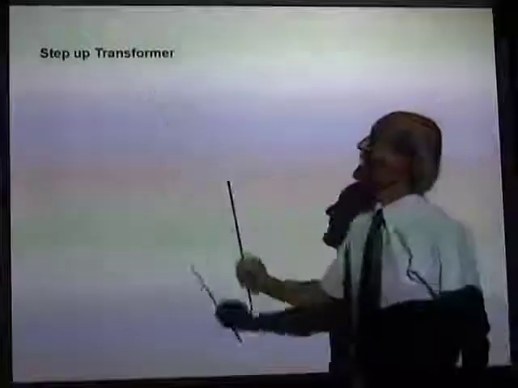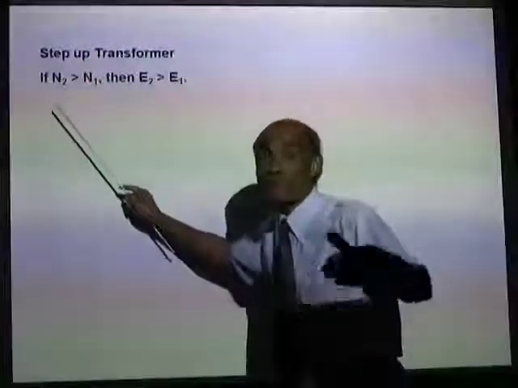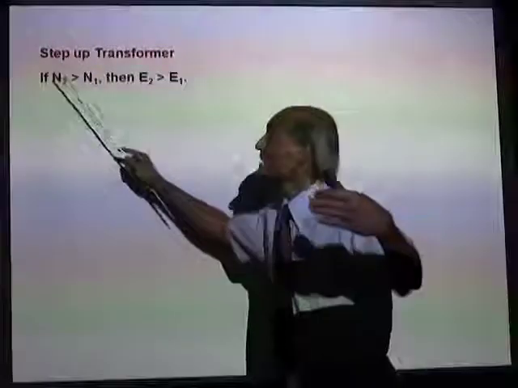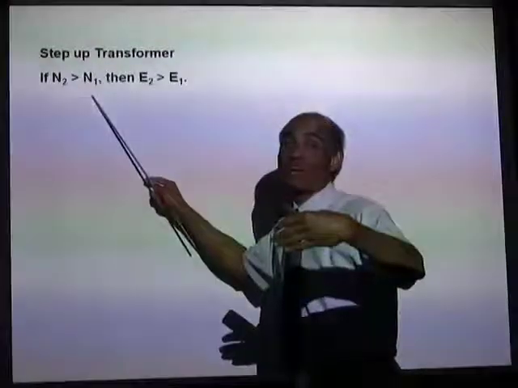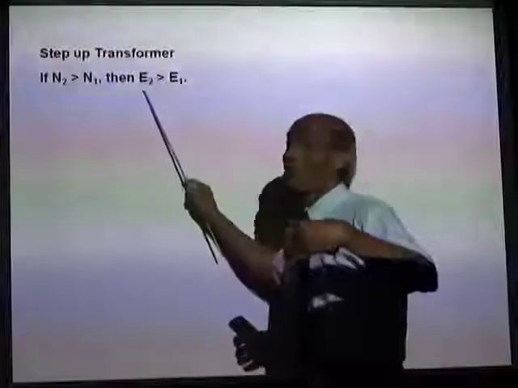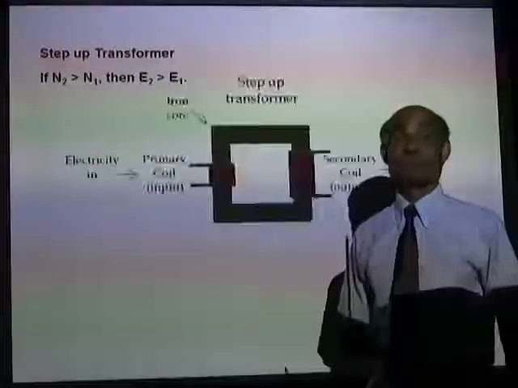Now, what is a step-up transformer? If the secondary number of windings is greater than the primary number of windings, then the secondary voltage, or the output voltage, will be greater than the input voltage.